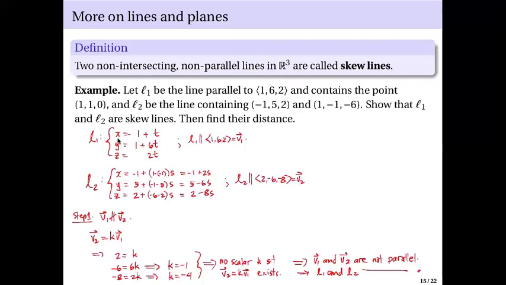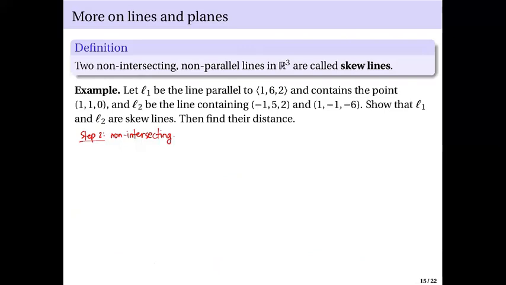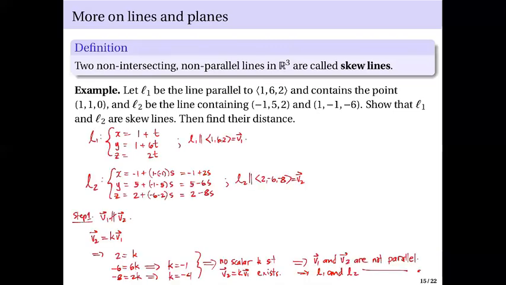We compare again coordinates. So x equals this x, y equals this y, z equals this z. And we show that there's no solution to the system. Okay? So for the first one, 1 plus t equals minus 1 plus 2s.